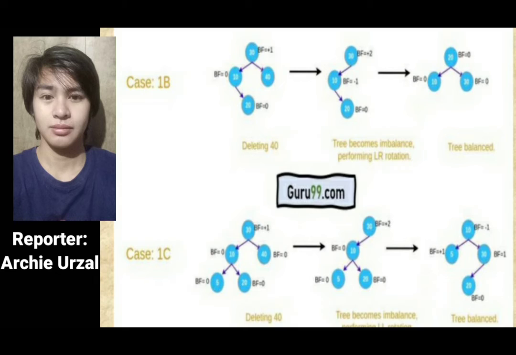In case 1c, there are 5 elements given. Like in case 1a, the tree is in left imbalance, so you can perform a right rotation at node 10.